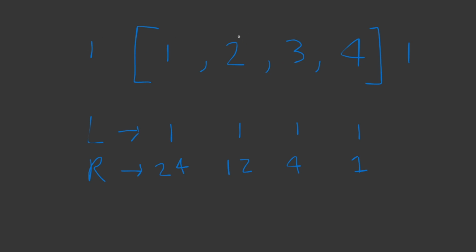And for 2, we understand that we have to take the previous value, multiply with the previous value in L, and then supply this value to the position of 2. And in this case it still remains 1. Well, let's look at 3. For 3, the previous value is 2, and we have to multiply this with the previous value in L. So this would actually give us 2, and then we have to take this to here, and so we can replace this with 2.